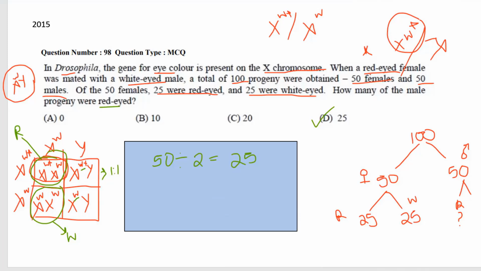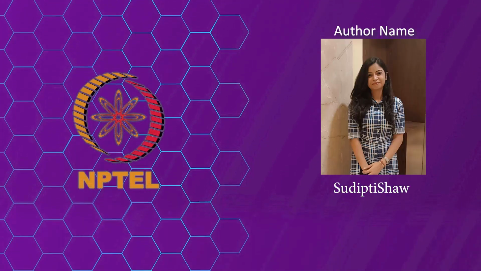First of all, it is important that you figure out the genotype of the female. For the male it is easy, because if it is white type, it will have only one X chromosome, and that X chromosome should have the white eye gene. So in the female you have to figure out the genotype, and then you can easily answer this question. Okay. So D will be the right answer. 25 male progeny were red.